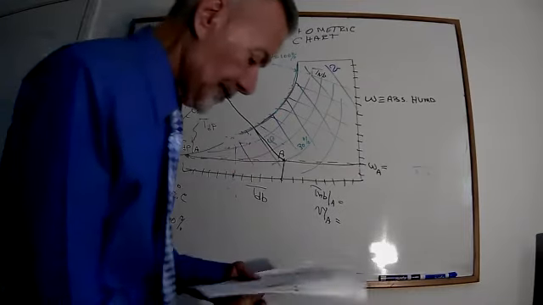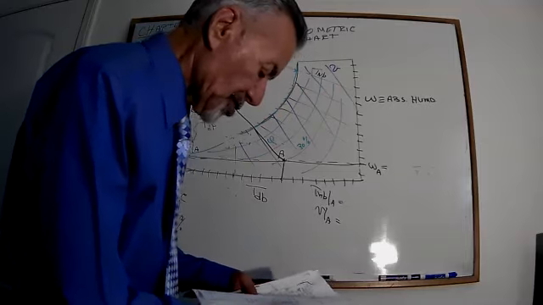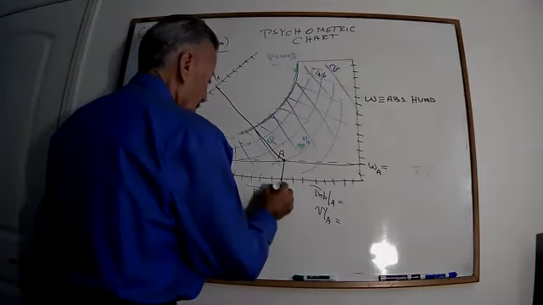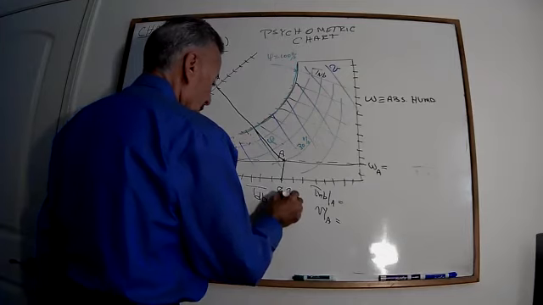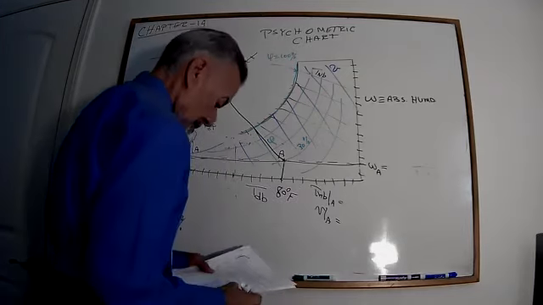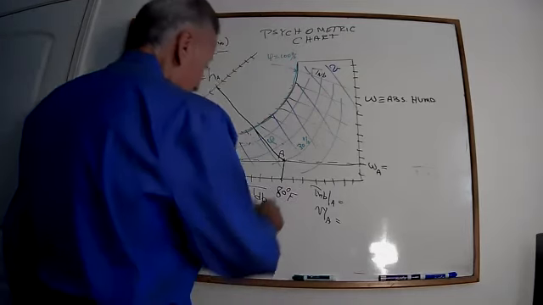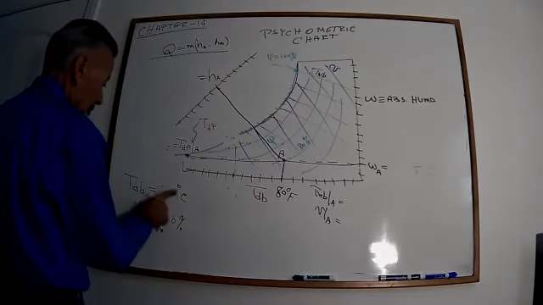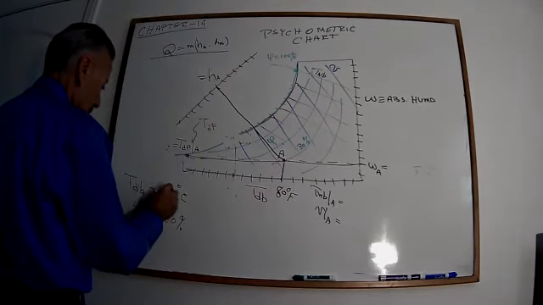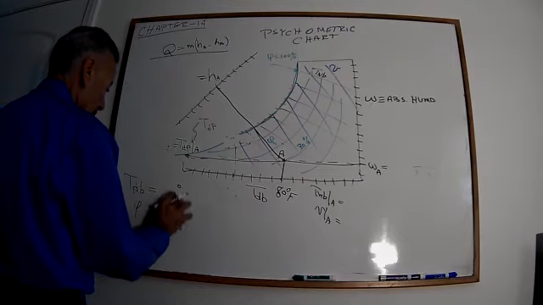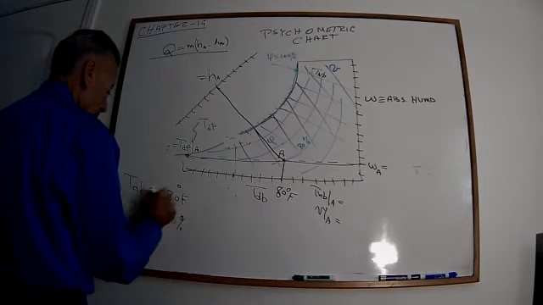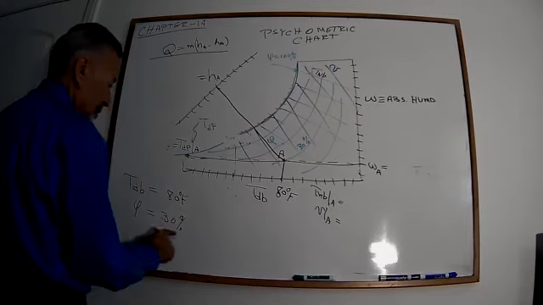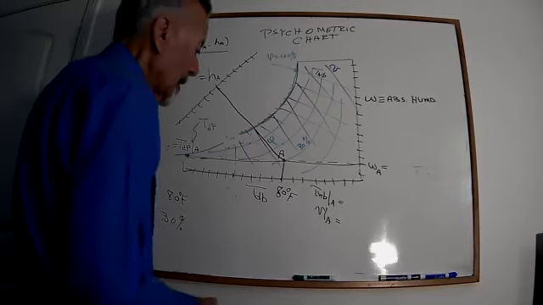Okay, now let's see if I have a dry bulb temperature of 80 degrees Fahrenheit and still a 30% relative humidity. Eighty degrees Fahrenheit with 30% relative humidity.